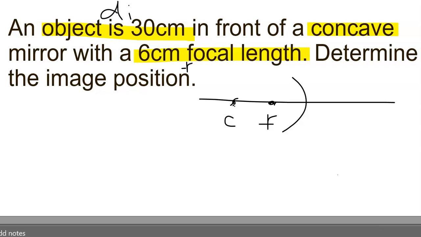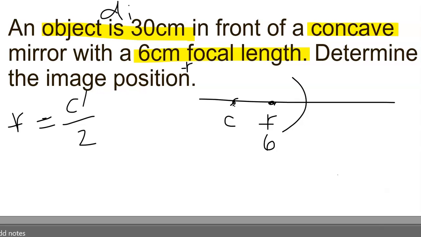And then you want to label what lengths they give you. So our focal length is 6 centimeters, and our radius, remember, your focal length is going to be your radius divided by 2.